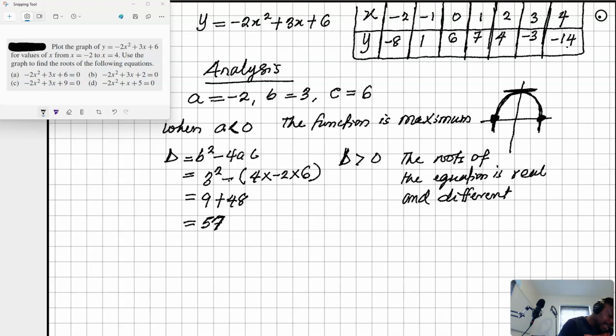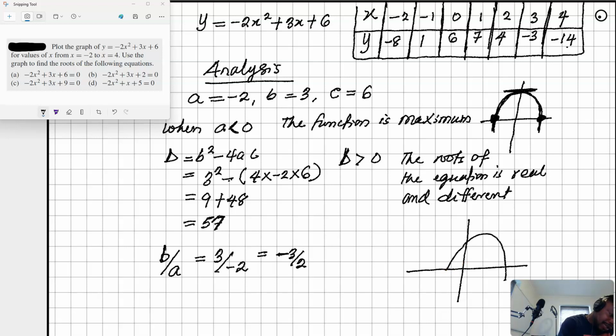Okay, now let's check our b over a. Our b is 3 and our a is minus 2. So this is minus 3 over 2. So this is negative. So since this is negative, we already know our curve is going to be on the right hand side, right? Good. So what that means is that most portion of our graph will be on the right, like this.